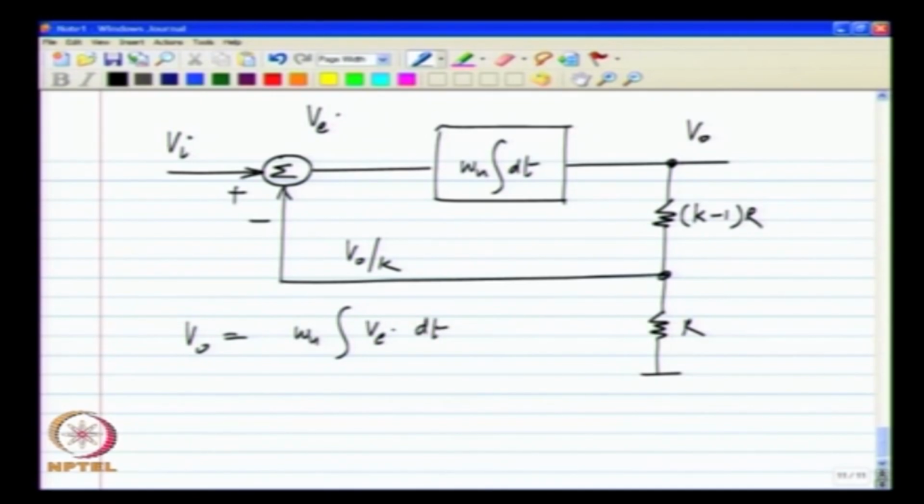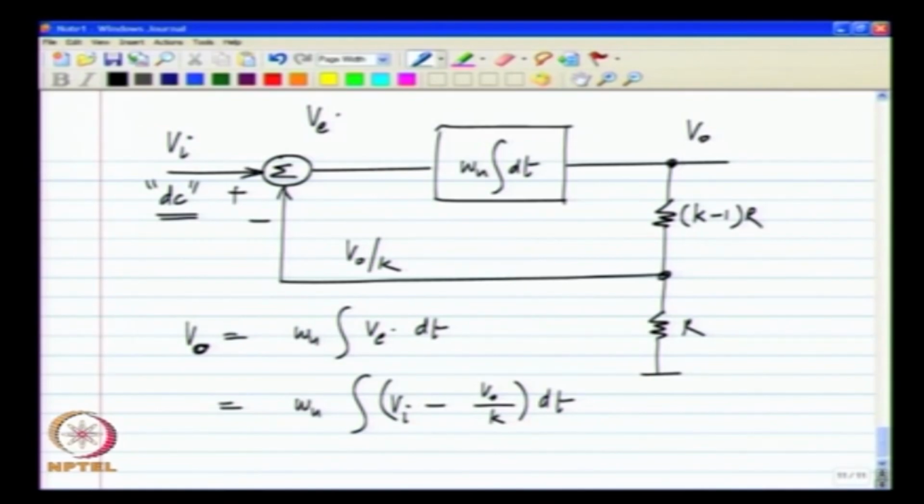V I we assume is a constant. Now we have to find exactly how V naught behaves with time. To do that, we have to write the equations describing the system, and I just substitute for V e the difference between V I and V naught by k.